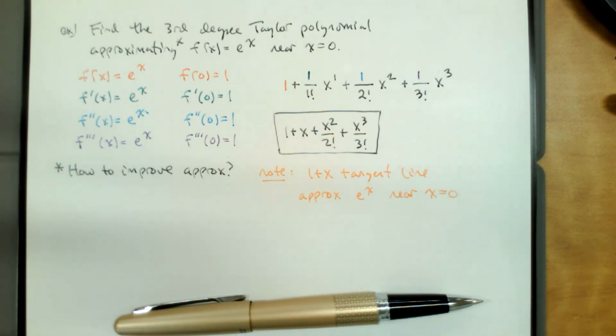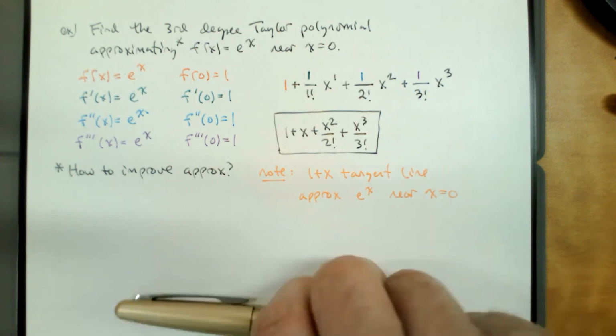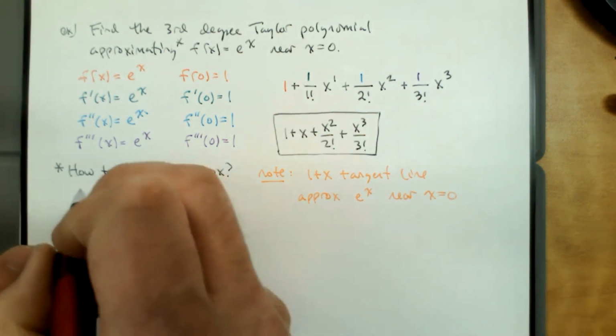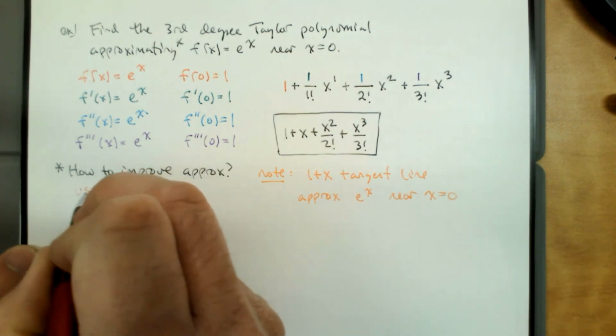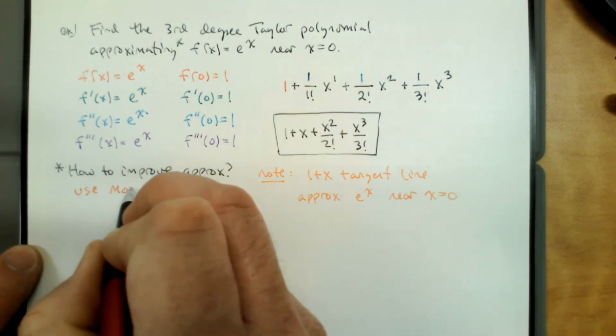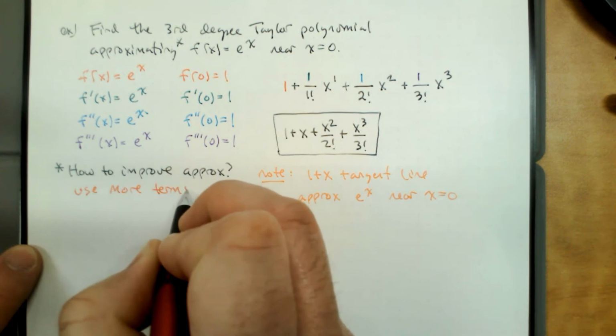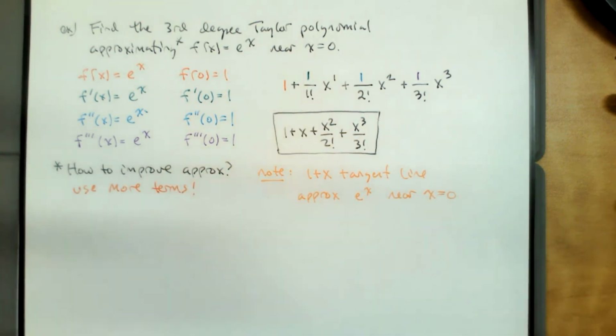In the calculus way is just whatever you were doing, do it forever. In this case, that would just mean more terms. We improve the approximation by using more terms.